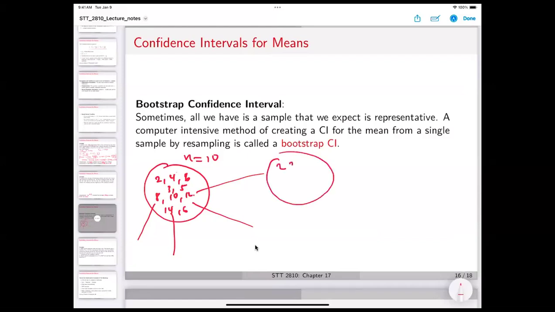So it can take 2, 2, 2, 4, 4, 4, 3, 1, 3, 3, 5, 6. So when it selects, it could put back. It's going to do that many times and compute the mean many times. So it's going to select many samples from the sample. That is resampling. That is the idea behind bootstrapping. So now we are going to learn how to use bootstrapping to get the confidence interval.